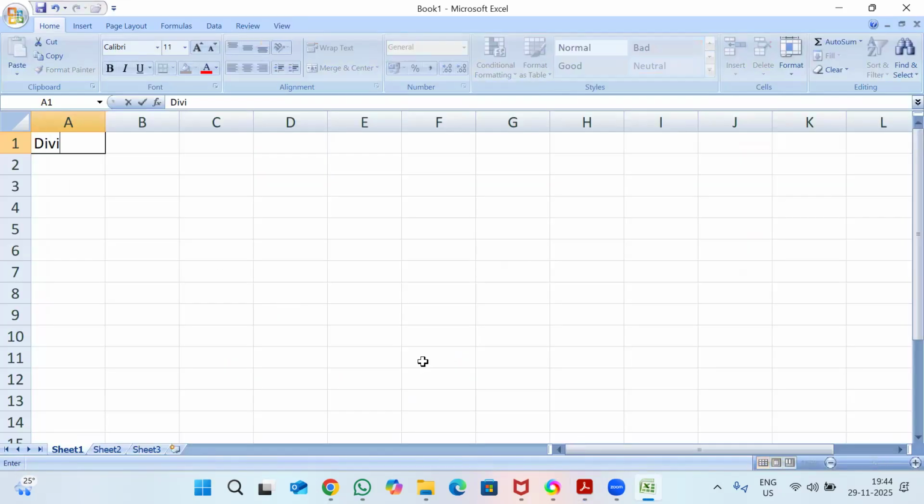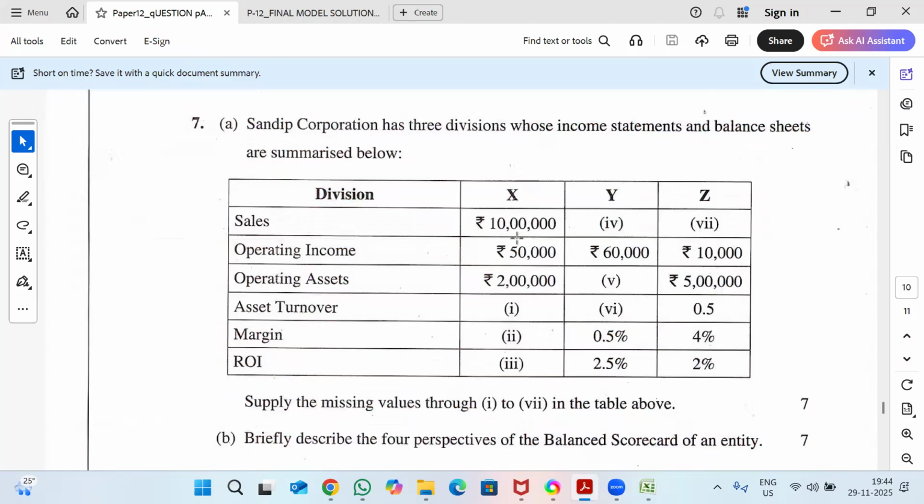Now first I'm going to calculate for division X. Asset turnover is equal to sales divided by operating assets. The sales is 10 lakhs divided by operating assets 2 lakhs.